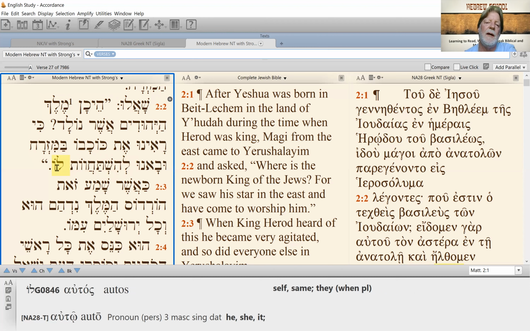So a star arose in the east, and these Magoi thought it had some great significance, and so they followed it to wherever it led. Now, one of the things that I want to mention to you is that one of the most popular interpretations of the Star of Bethlehem, it's called, is that it was an alignment of two planets, and I forget which two planets it was, but I guess the astronomers have figured out that at about the time of the birth of Yeshua, two planets were aligned.